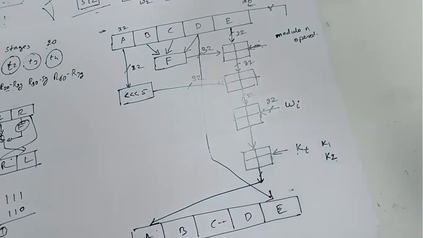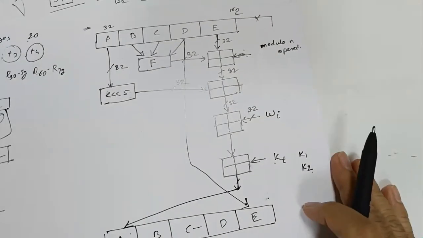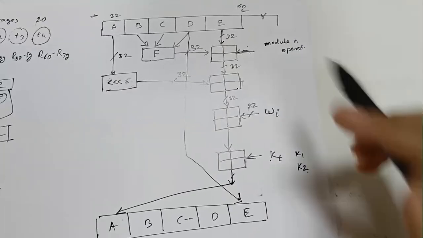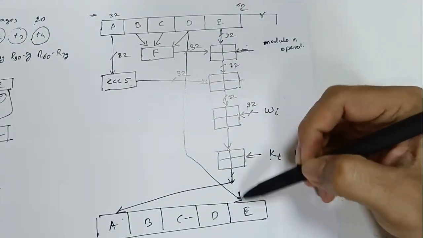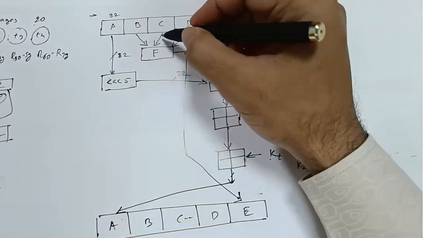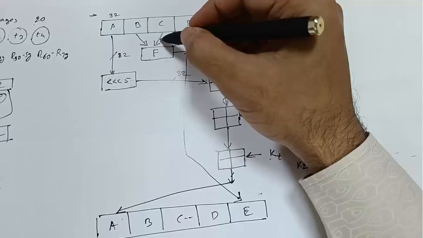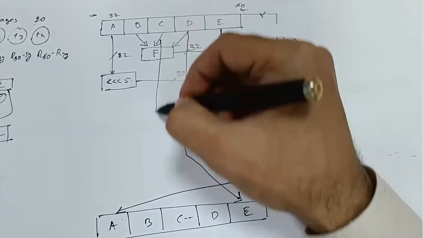So D is getting shifted, and in the next round this block will be encrypted. C is getting shifted to the D location.